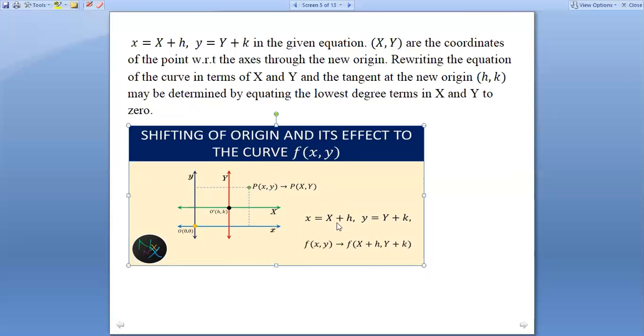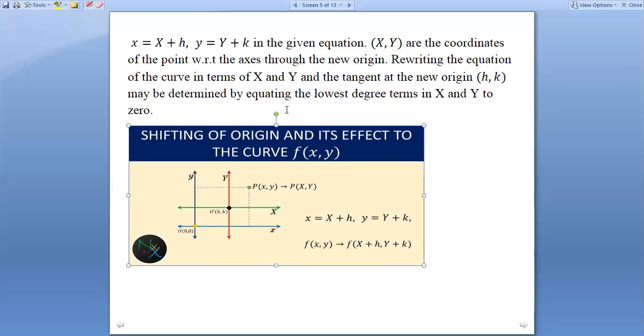So when you are shifting the origin, you can write x is equal to X plus h and y is equal to Y plus k. So capital X will be x minus h and capital Y will be y minus k. When you shift the origin, the equation f of x, y changes to f of X plus h comma Y plus k. After rewriting this equation, it now has the origin h comma k.